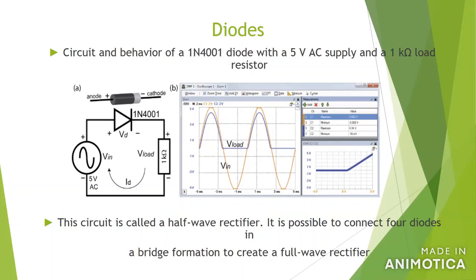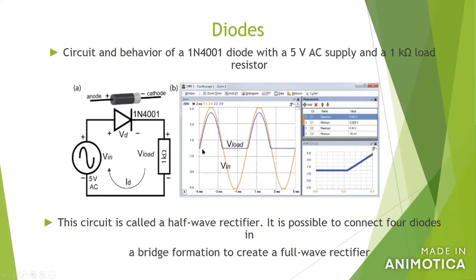How can we convert the AC supply voltage from your wall to the DC voltage required by your devices, your television, your computer, and your other devices? Basically, you have to use circuits built with diodes to do that.